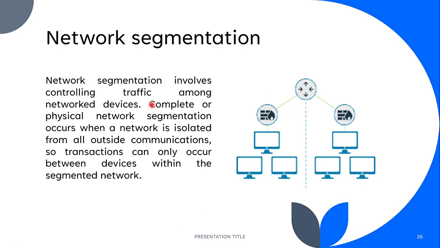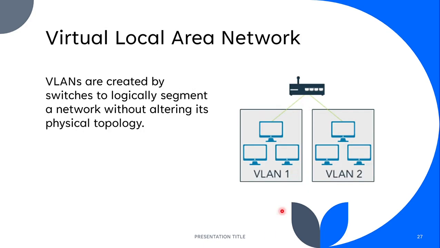So remember, this one is a physical segmentation. They are in different locations, and then they are connected with a firewall, and a router connects them together. They are segmented by different firewalls, and then they can connect together through a router or a switch. In this case, for a virtual LAN, it is virtually segmented.